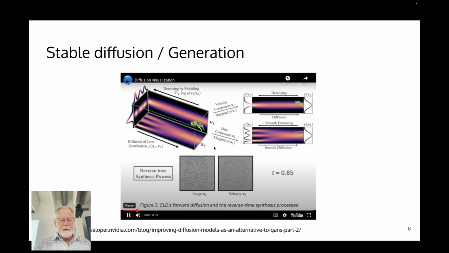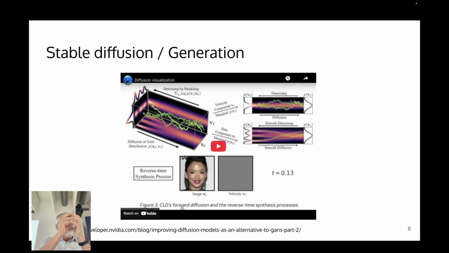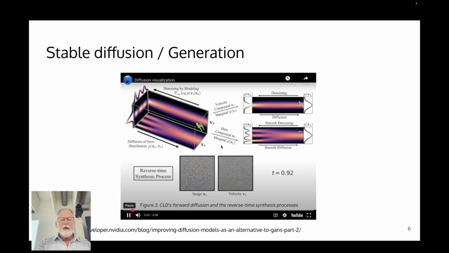What's happening here is that you can see the forward diffusion process goes from an image to a representation, just like we see in LLMs, this high-dimensional thing. And then it diffuses into a kind of random gray pattern. That's the training process. Then in the generation process, you go from the gray noise into something that you have described with your words.